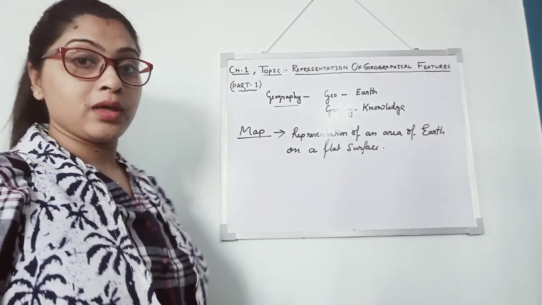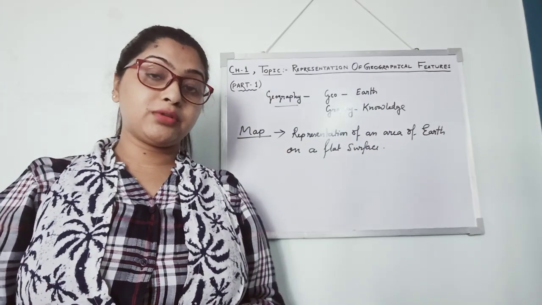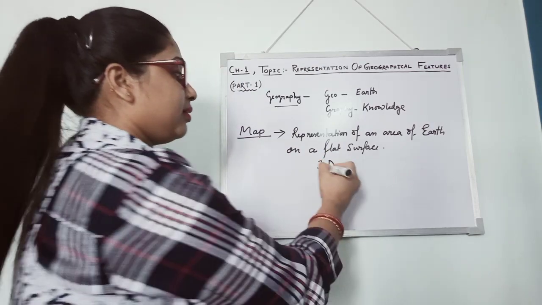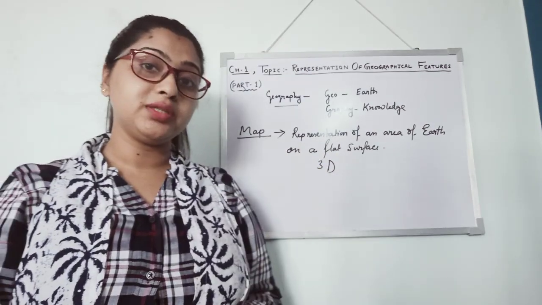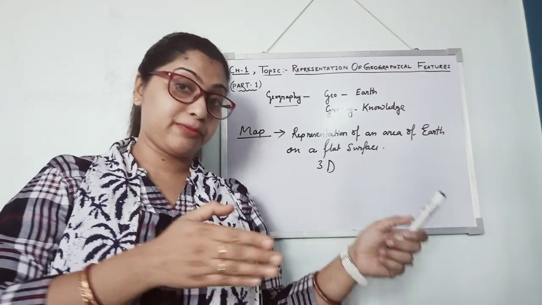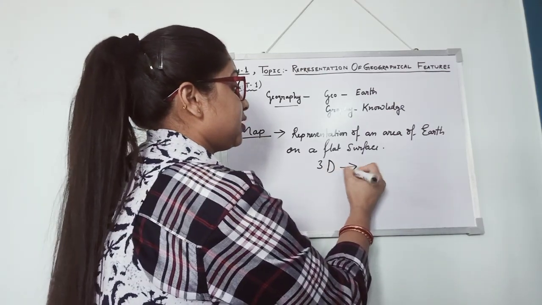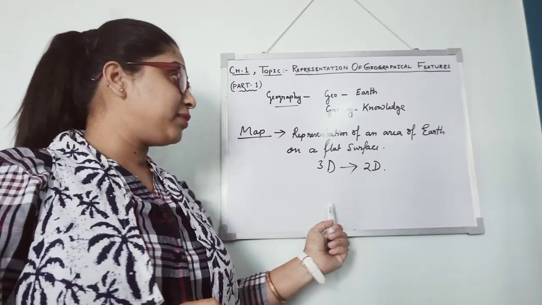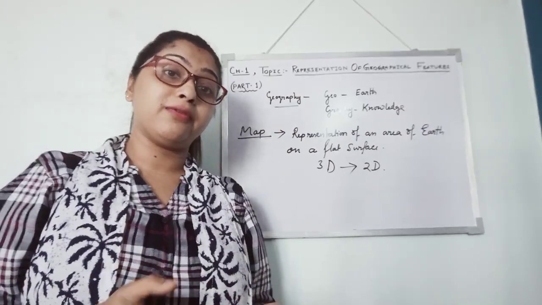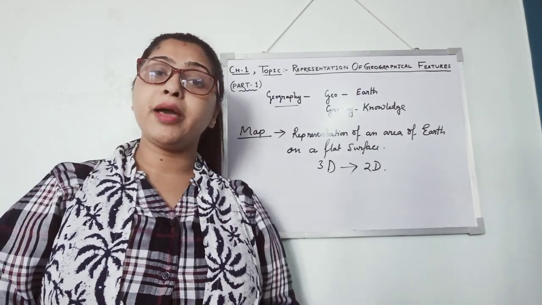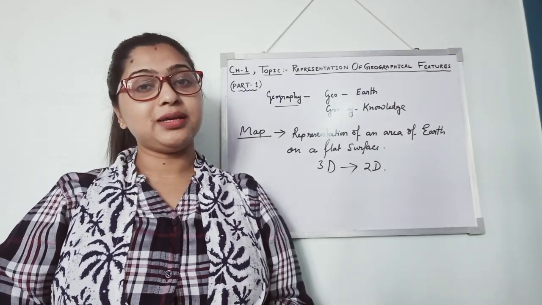Whatever we see is 3D, meaning it has 3 dimensions. But whenever we represent it on flat paper, it converts to 2D. When any 3 dimensional feature is converted to a 2D feature on a flat paper, that is known as a map. Okay, clear students?